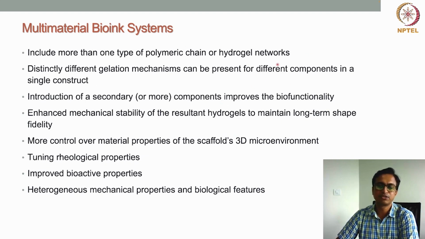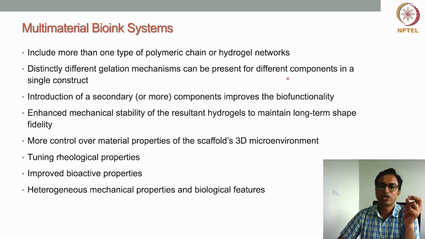Suppose the bioink is made up of 2 different components, 2 different hydrogel networks. Then each of these hydrogel networks can be solidified or gelated with one type of mechanism, and the other one can be used on them. Suppose these two hydrogel networks don't interact with each other, they are just physically blended together, then we can work on those 2 distinctly different gelation mechanisms for a single construct.